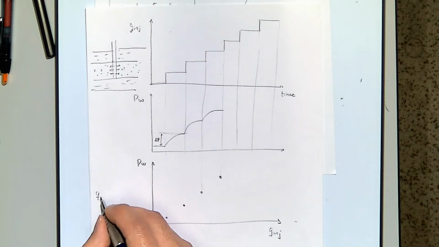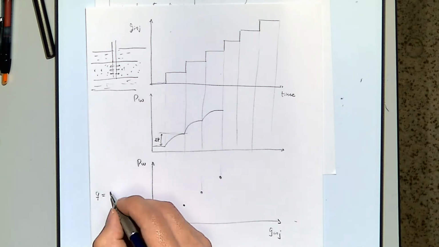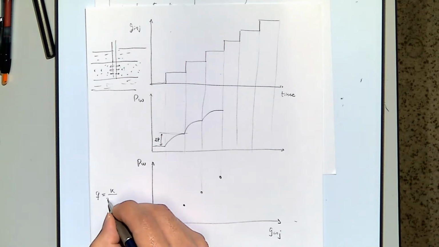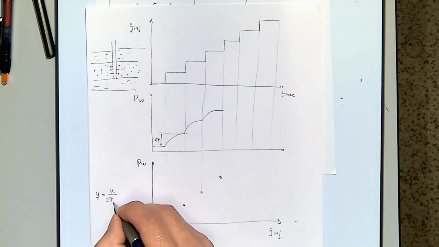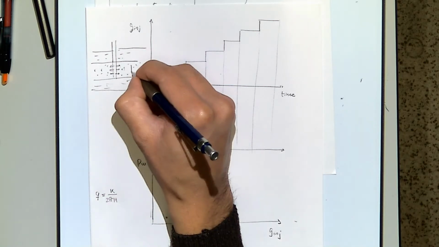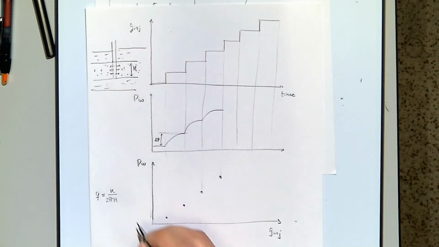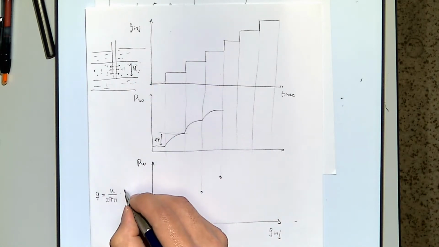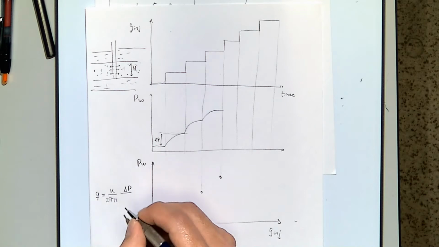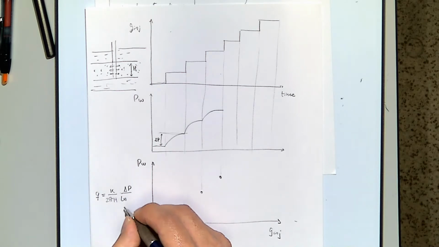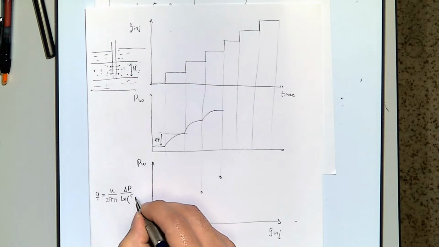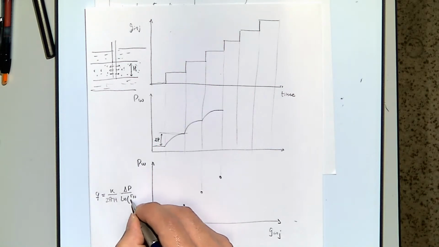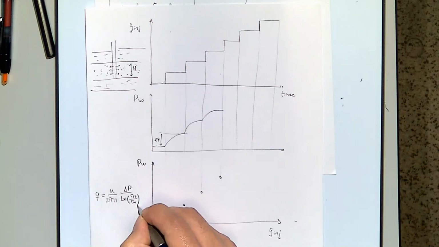It's Q, if I remember correctly, it's of course proportional to K divided by 2 pi the height of the formation times delta P divided by the natural logarithm of the radius in the far field divided by the radius in the wellbore.